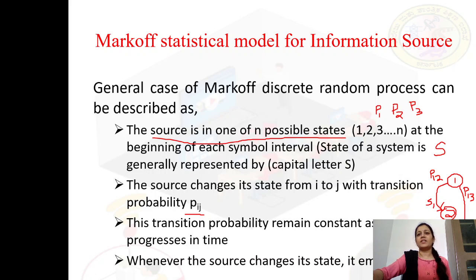So s1 is the symbol emitted by the source when it makes a transition from 1 to 2. Similarly, s2 can be another symbol emitted when the source makes a transition from 1 to 3. Similarly, it can make a transition from 2 to 3, or from 3 to 2, or from 3 to 1, or from 2 to 1. We have to represent the corresponding transition probabilities and the symbols that are emitted whenever a transition occurs.